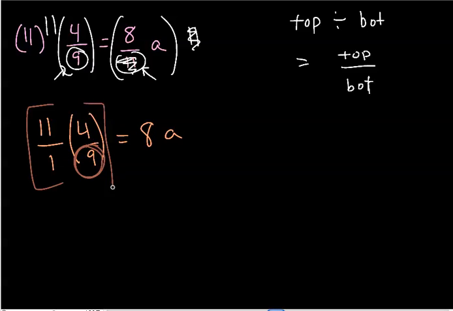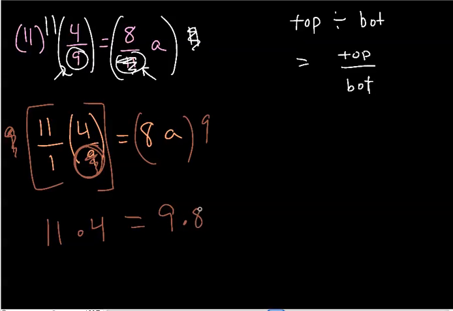So I'm going to multiply both sides by 9. And what will I get? Well, these 9s are going to cancel out, just like the 11s did. And I'm going to get 11 times 4. That's the only thing that's going to be left on this side. Equals 9 times 8 times a, which is just 44 equals 9 times 8 is 72a.